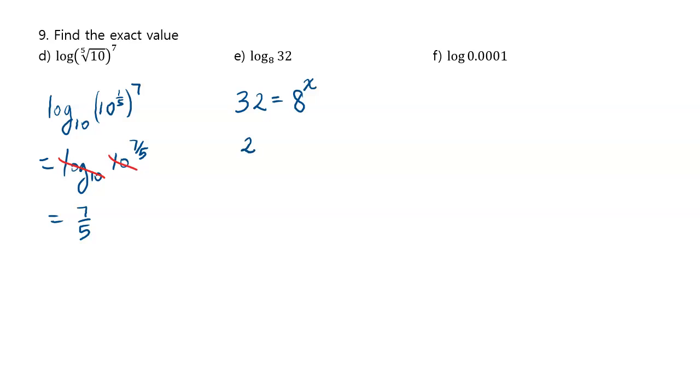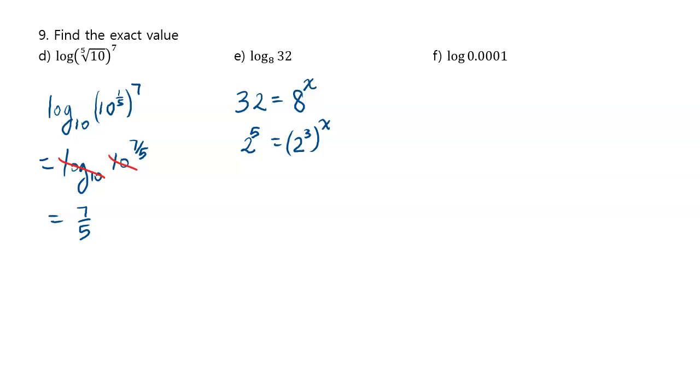So I can rewrite 32 as, let's see, 2 times 2 is 4, 2 times 2 times 2 is 8, 2 times 2 times 2 times 2 is 16, and then 2 to the 5th power would be 32, okay? So if you multiply 2 by itself 5 times, then you get 32, whereas 8 is 2 to the 3rd power.